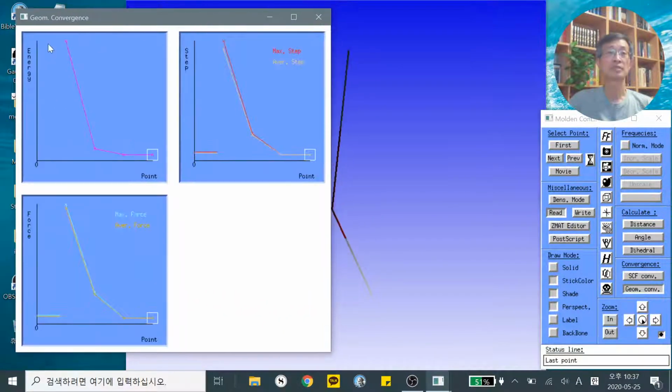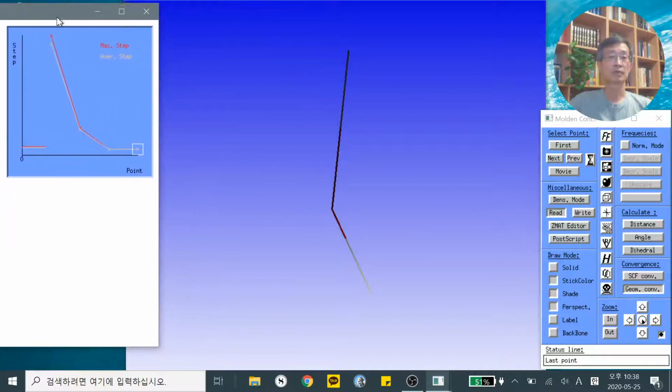So, actually this is the fourth. The first step, this is the energy. First step energy, second step energy, third step, and then it is also optimized at the third step. So that's the final, these two points are the same. That's for the checking. And then force. So force is reduced, and the steps also.